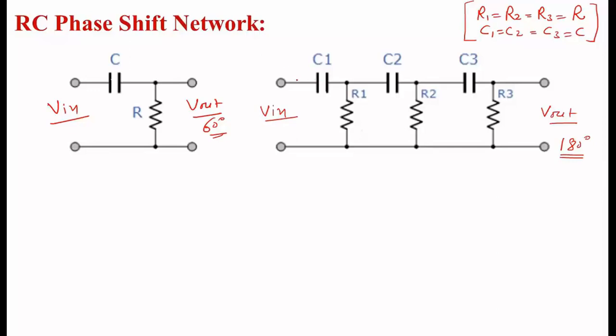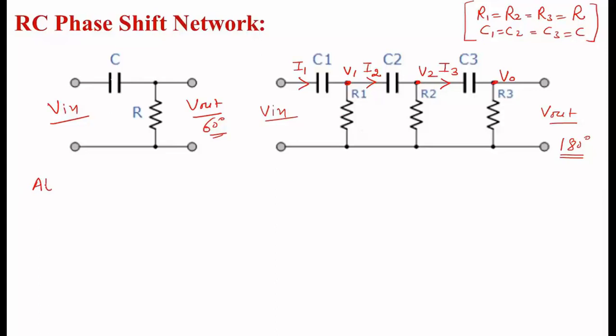Let the current in this branch be I1, in this branch I2, and in this branch I3. Let's name the voltage terminals: this is V1, this is V2, and this is the V node.